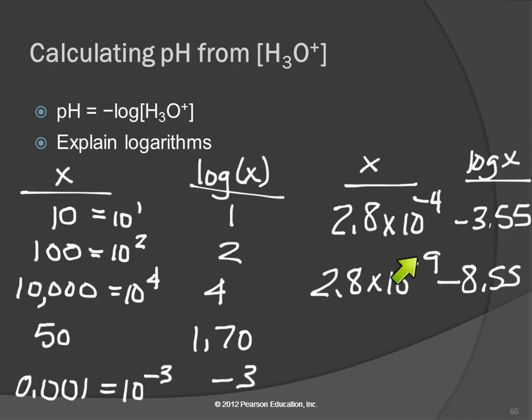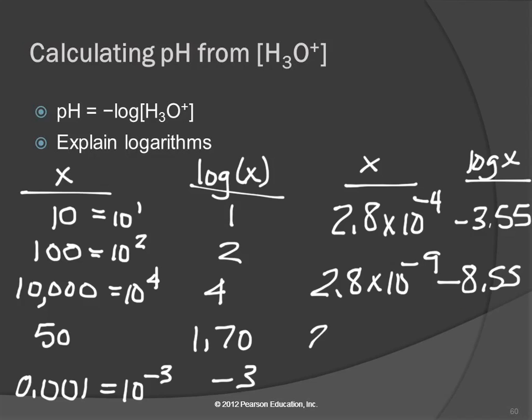When you take the log of a number, this coefficient part shows up after the decimal point. So 2.8 is related to this 0.55. The number before the decimal point is related to the exponent. This amounts to a decimal holding number.